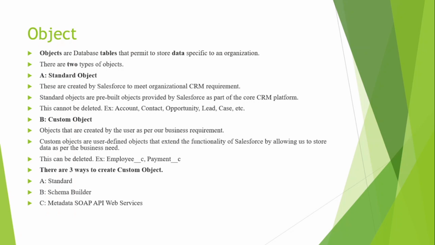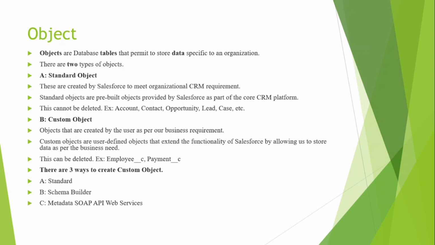When a requirement comes from the business and we create an object, that object is called a custom object. This can be deleted, meaning we can create, modify and delete it. All operations we can perform with this object. In the standard object also we can perform all operations, except one we can't perform, that is delete.